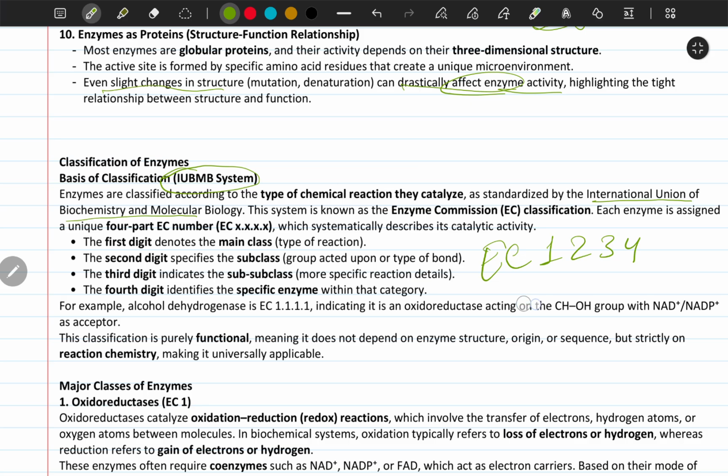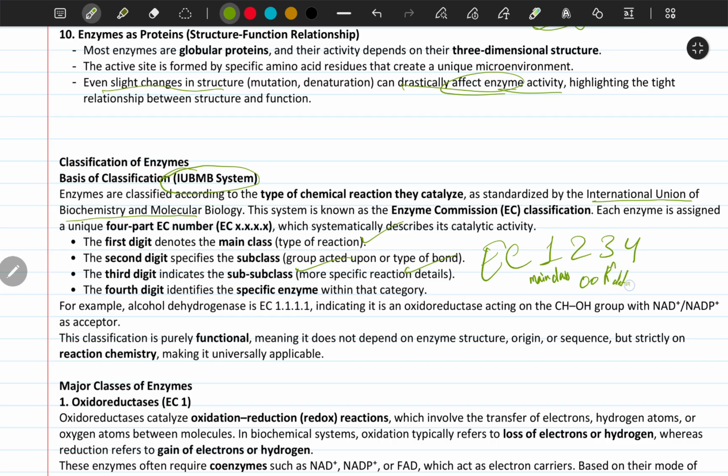The first number describes the main class, or the type of reaction we are dealing with. The second specifies the subgroup, the group acted upon, or the type of bond. The third indicates the subclass, more specific reaction details.